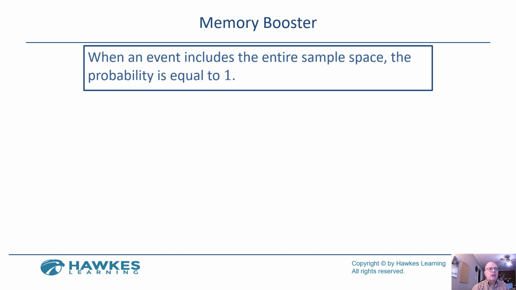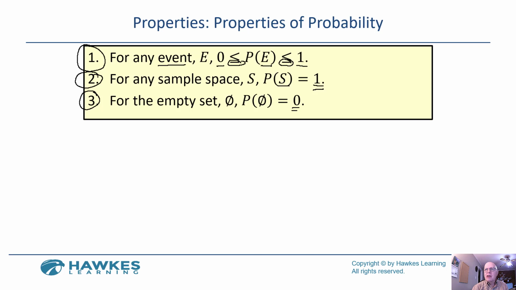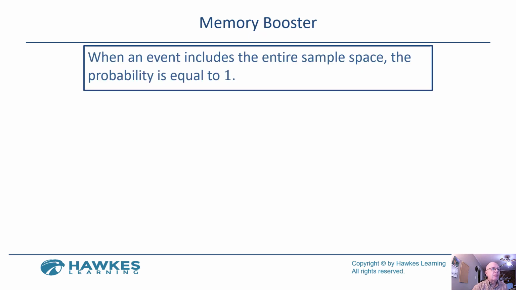If the event includes the entire sample space, the probability is equal to 1. You can write it as 100% if you like. You can write it as 1.0000. It all means the same thing.